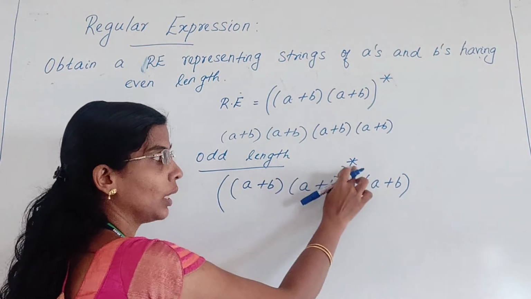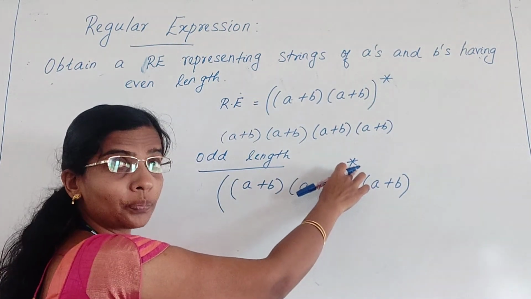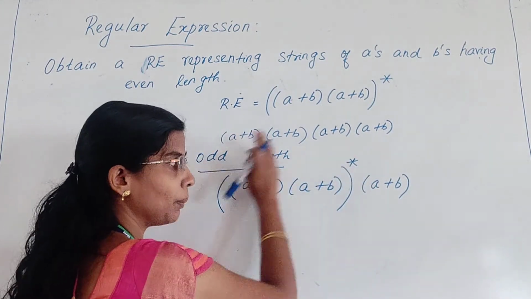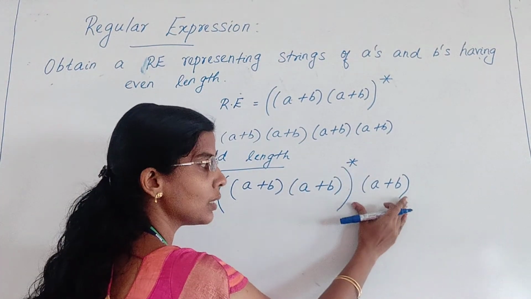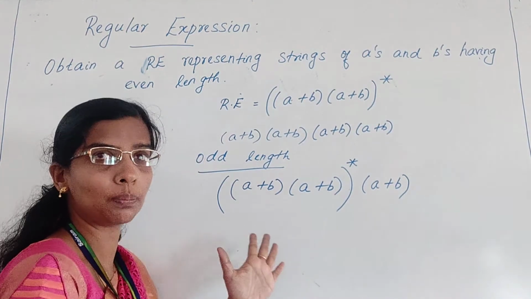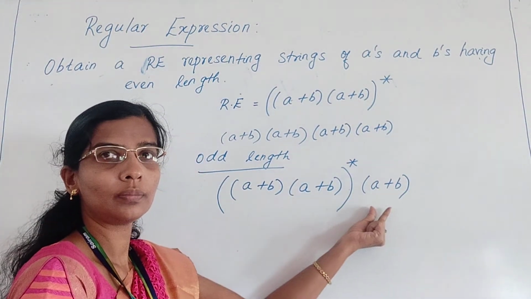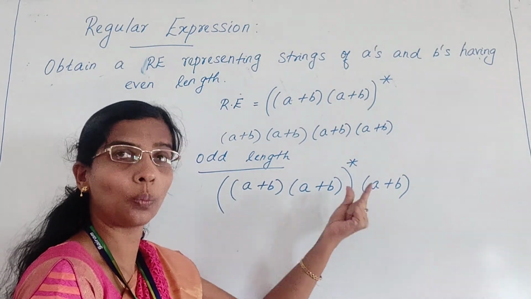Suppose the star takes null, so this complete thing becomes empty. What is remaining? A plus B. So length is 1. I am getting strings of length 1.